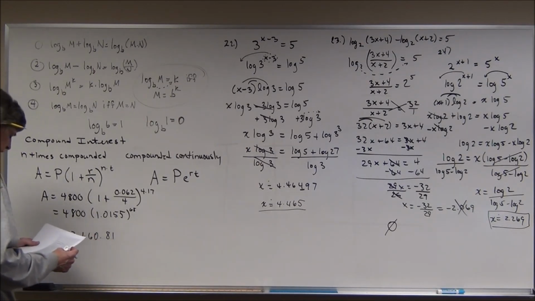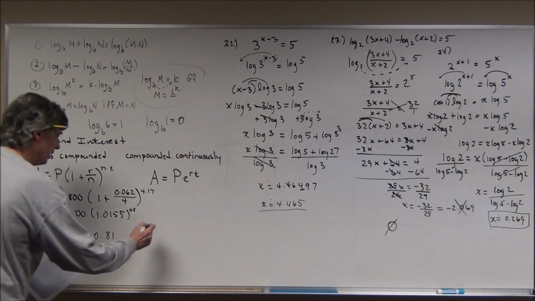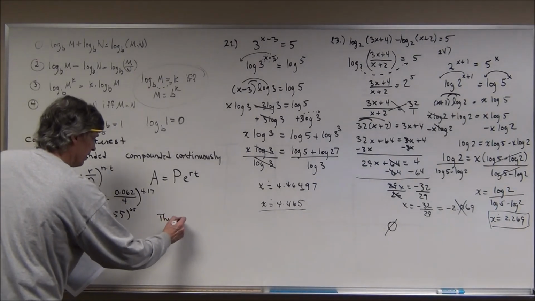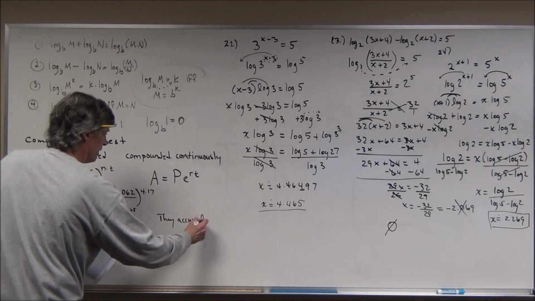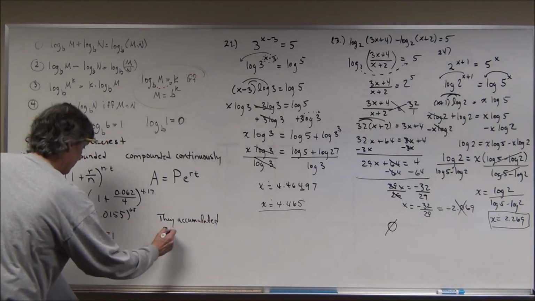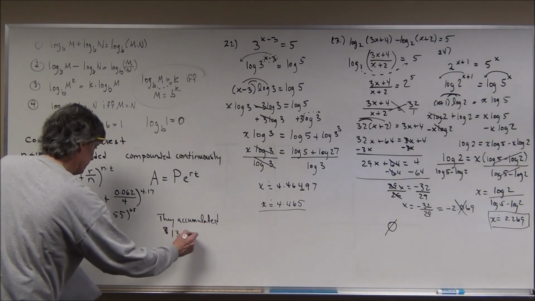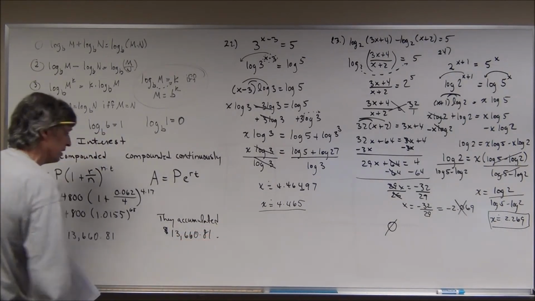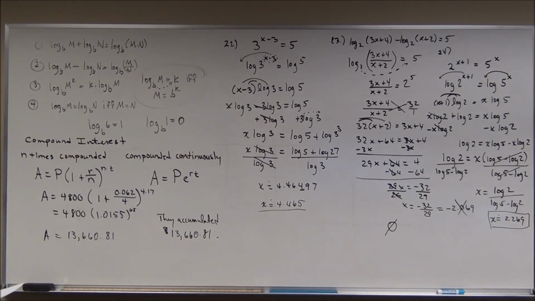So, how much was invested, or how much is accumulated? They accumulated, if I can spell this, accumulated. Don't forget your money, your dollar sign. $13,660.81.